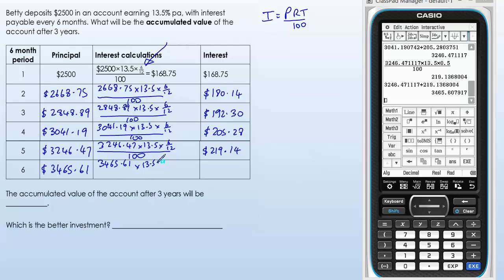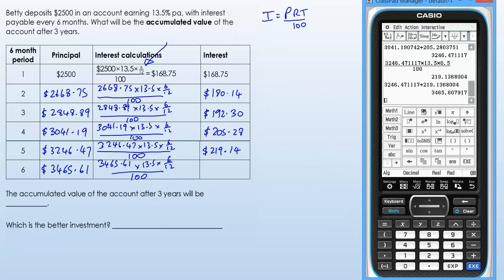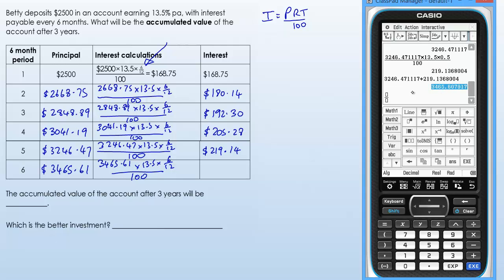So 3,465.61 multiplied by 13.5 multiplied by 6 over 12 all over 100. And we just need to do the calculation. It's not good when you do that. Just try and be careful when you're dragging things around the calculator. I want to make sure it goes in the top.